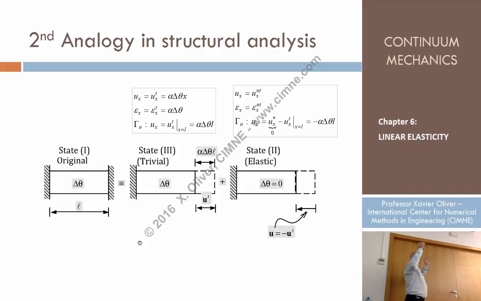Let's consider the structure that was initially subjected to some increment of temperatures. Okay? Let's release the boundary conditions of the original structure so as to make the structure isostatic. Okay?